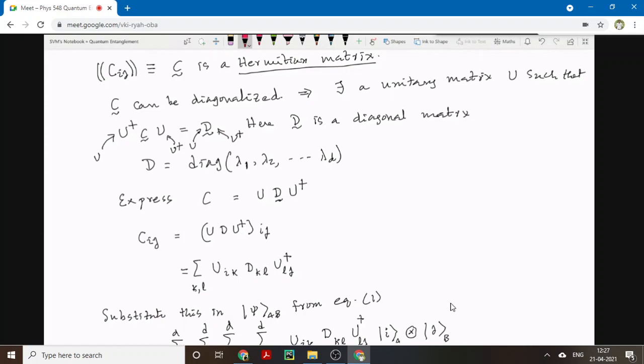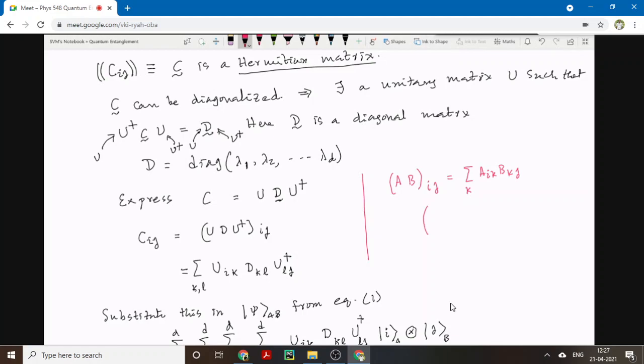Suppose I have a matrix A and another matrix B. I want to write down the ijth element of the product matrix. So how do I write it? I write it as sum over k, a_ik, b_kj. Here k is the column index and j is the row index.